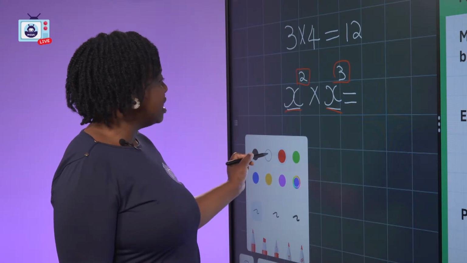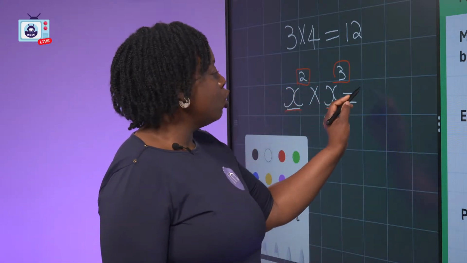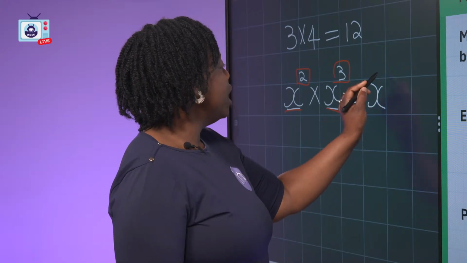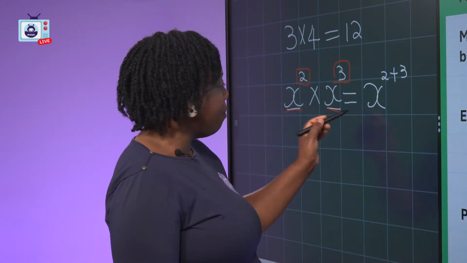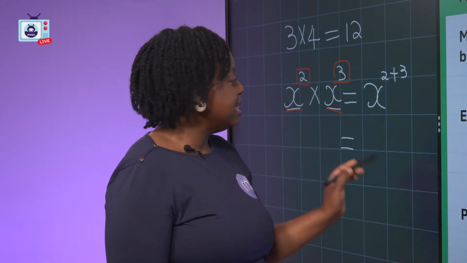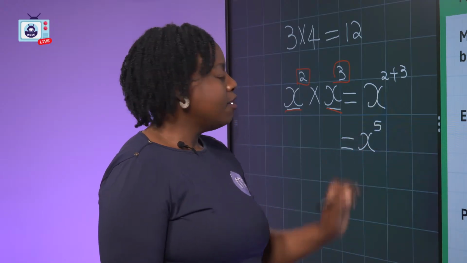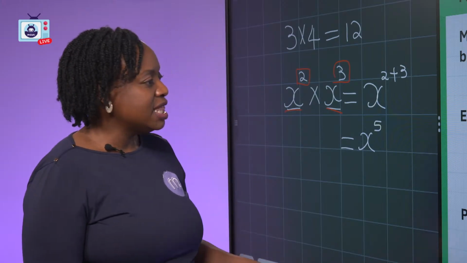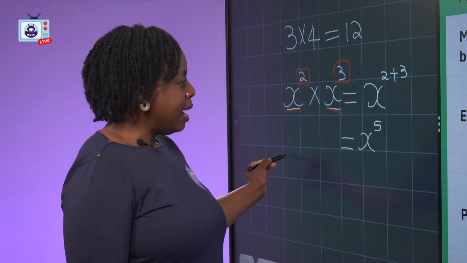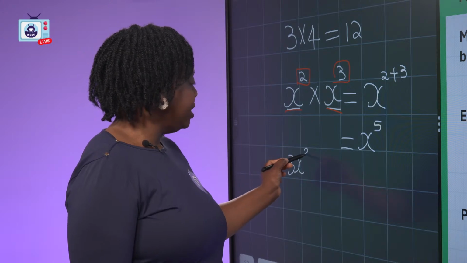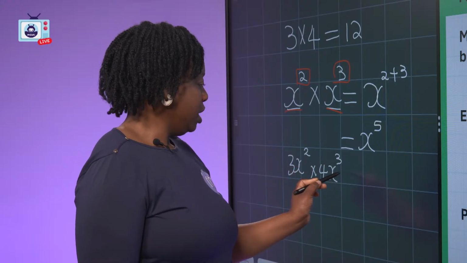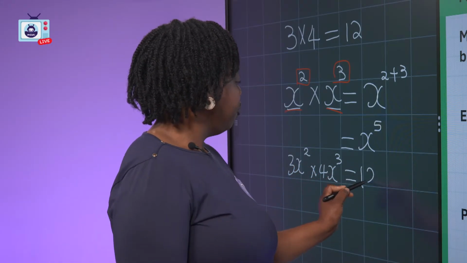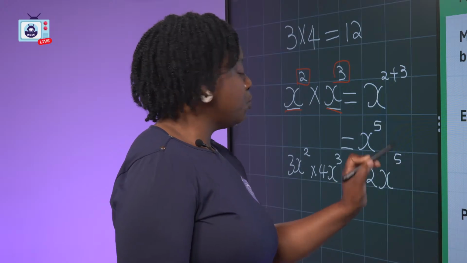As we are multiplying these exponents, we're going to keep our base, and then we add the indices, and that's why we have x to the exponent 5. So when we write it down, it's going to be 3x squared multiplied by 4x cubed equals 12x to the exponent 5.